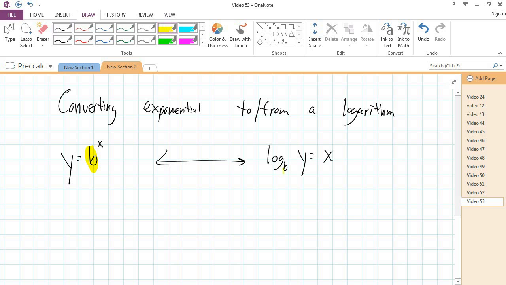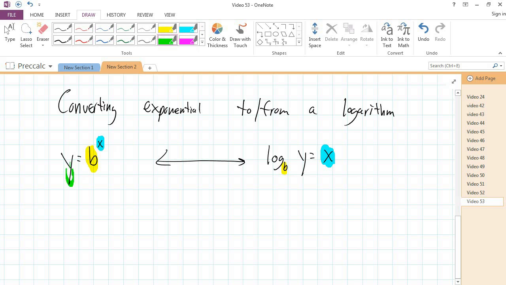The base of the exponent becomes the base of the log. Our exponent becomes the answer, because logarithms are exponents. The value of a logarithm is the exponent part of the exponential.